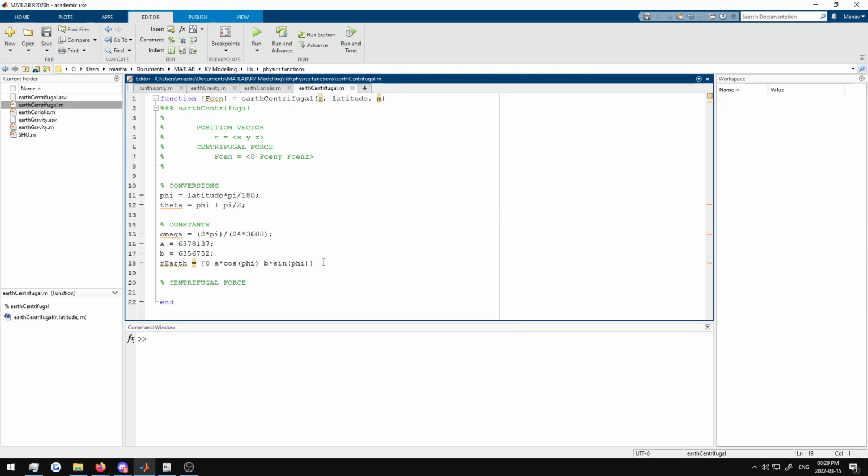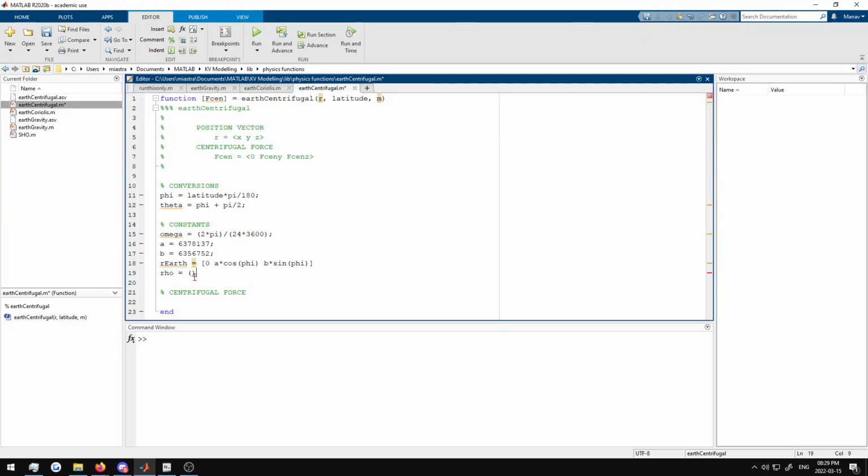So once we have that, we can just look at our row vector, which goes from, is going to be our quote unquote final vector.